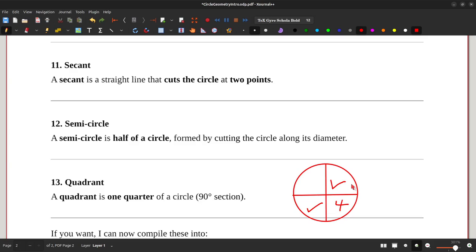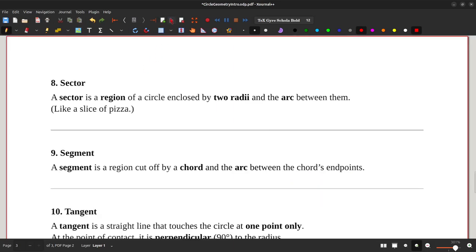So basically, those are the basic terms linked with circles.